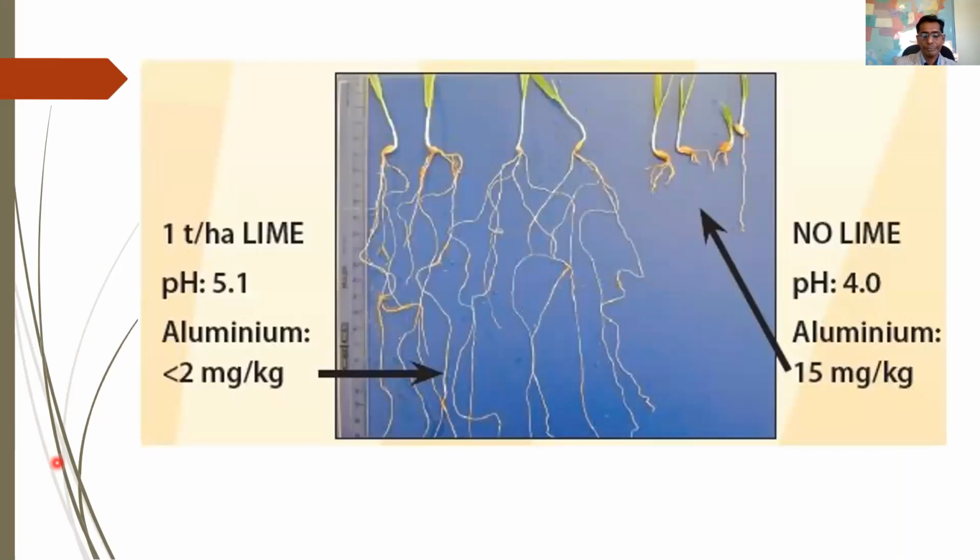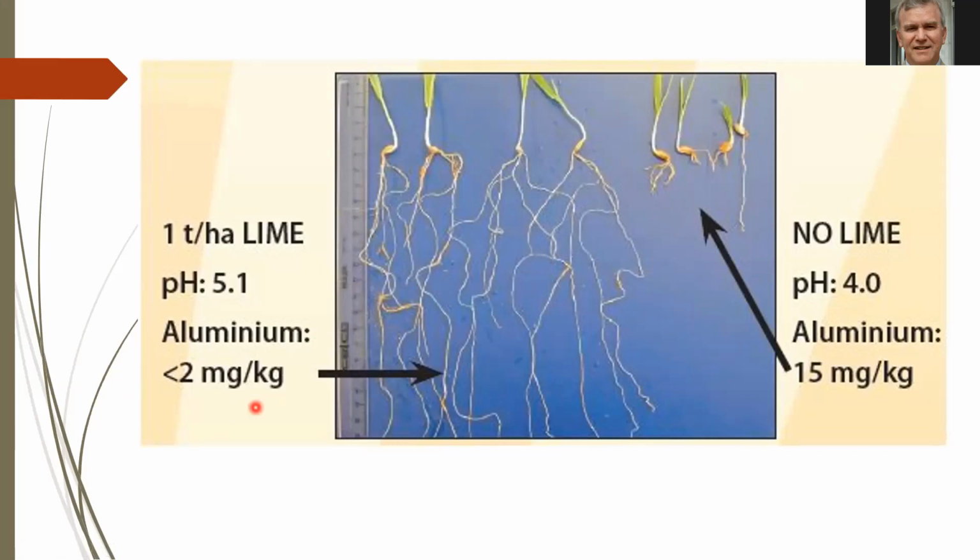Okay, so here is just a very simple illustration of the difference between a pH of 5.1 and a pH of 4.0 and the growth of these plants with respect to their root development. In the case of 5.1, aluminum was at 2 milligrams per kg in the plant.